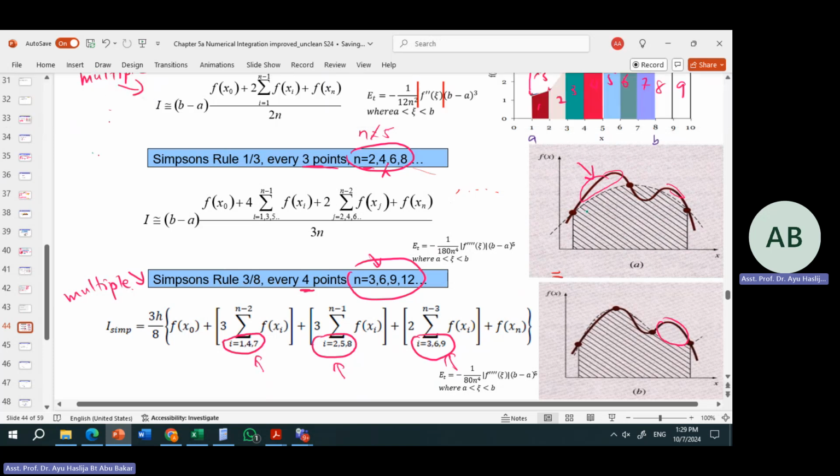Let's say trapezoid n equals to 3. So you will have trapezoid area under the curve. So different rules, different accuracy level. But in general, the more the points, the higher the accuracy.